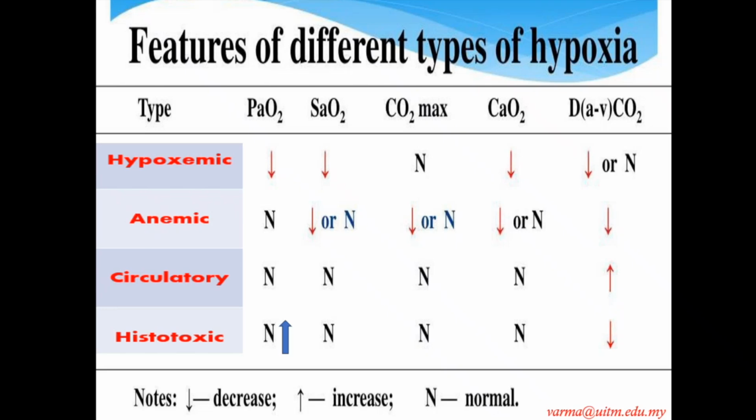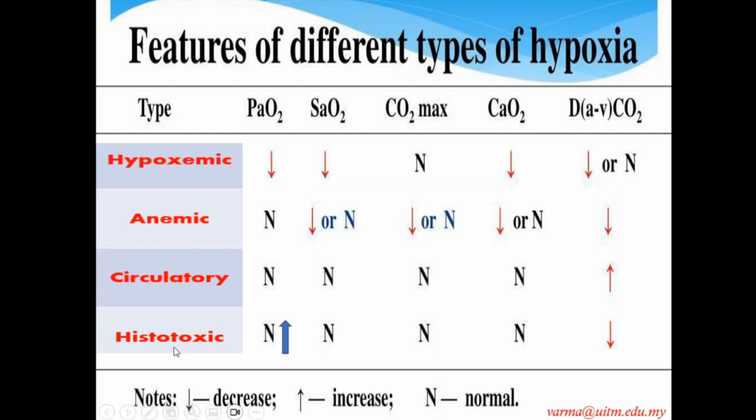Thus, only a little oxygen is left in the venous system, so the difference between arterial and venous oxygen will be increased. So you take a venous blood gas and an arterial blood gas, calculate the oxygen content for arterial and venous, and if the difference is increased, then we say it's circulatory hypoxia.